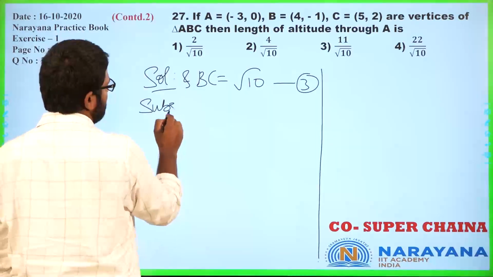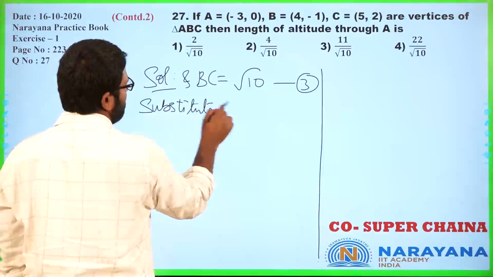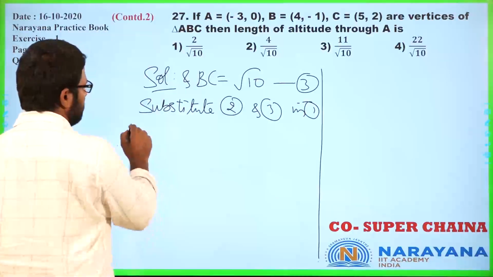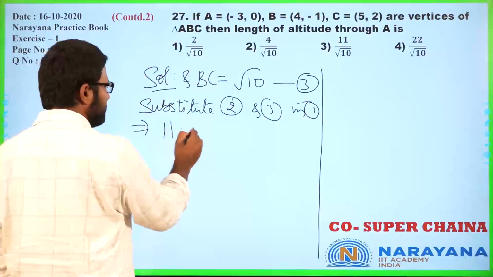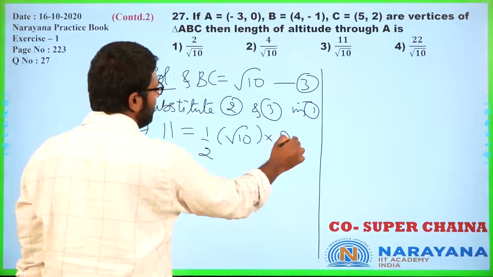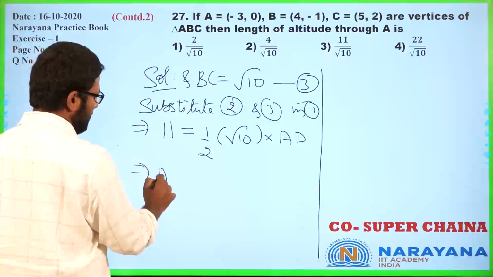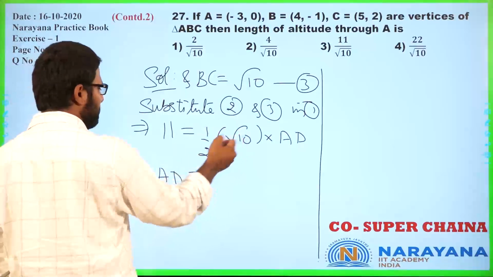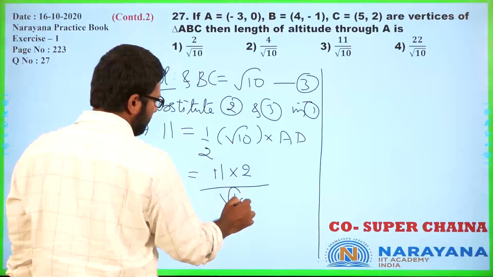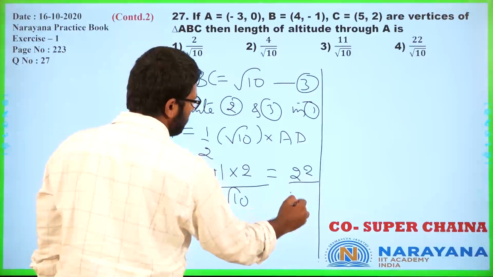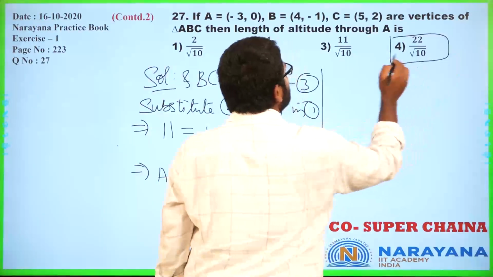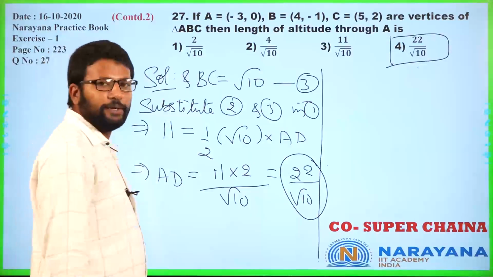Substitute 2 and 3 in 1, right? We have area, which is 11, equal to half BC, which is root 10, into AD. Which means AD would be, cross multiply 2 and then bring root 10 down. So 11 into 2 upon root 10, which is 22 by root 10, right? That's your answer, 22 by root 10, correct?